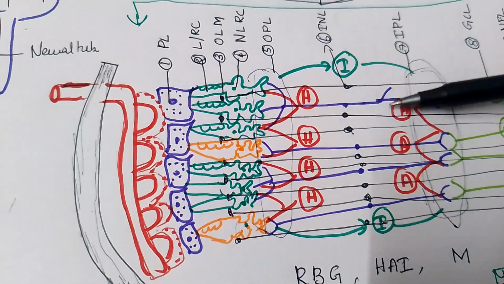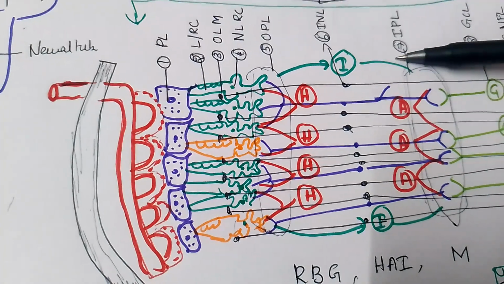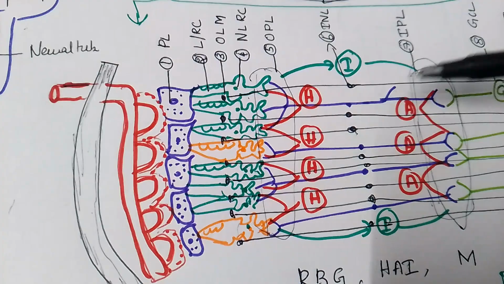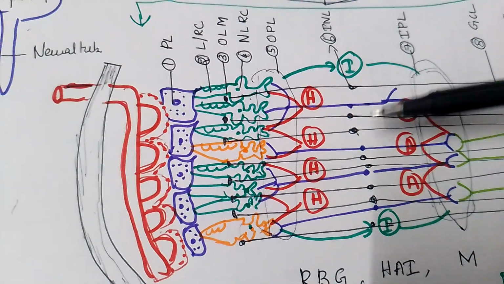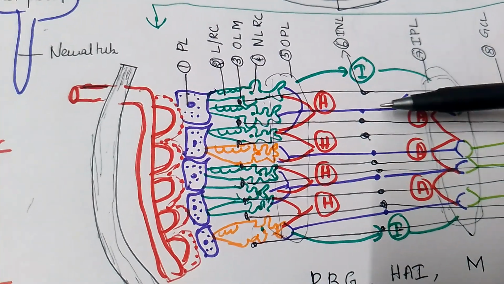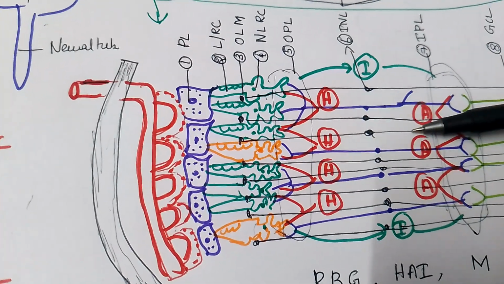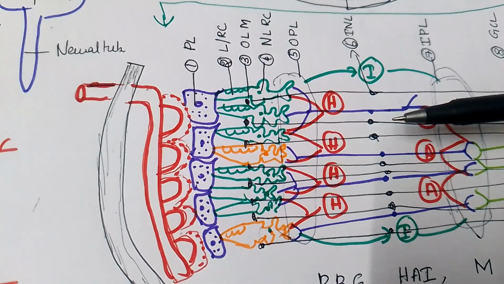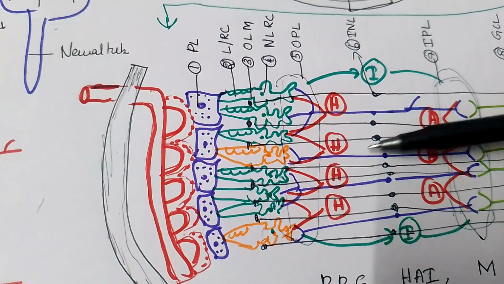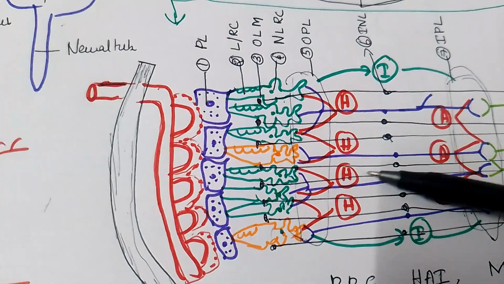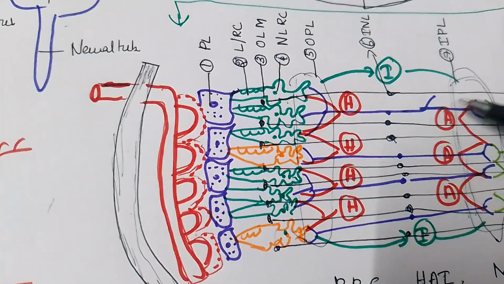These interplexiform cells take the information in the reverse direction, from outer to inner. Understand? So these HA cells, the horizontal cells, and amacrine cells are also taking the information in a lateral way. Horizontal cells and amacrine cells take it in a lateral way.